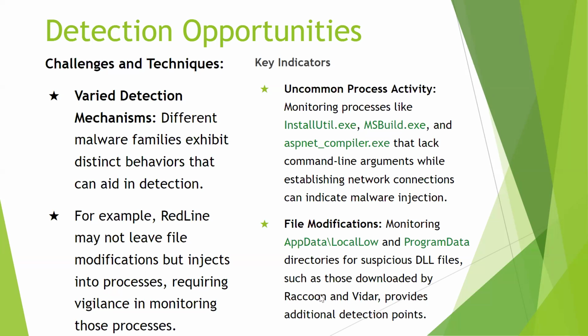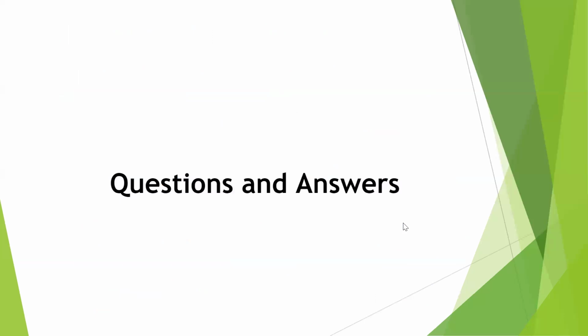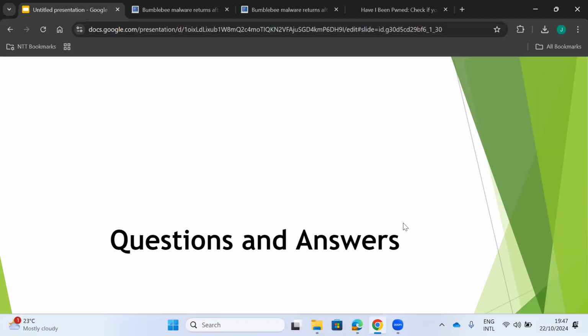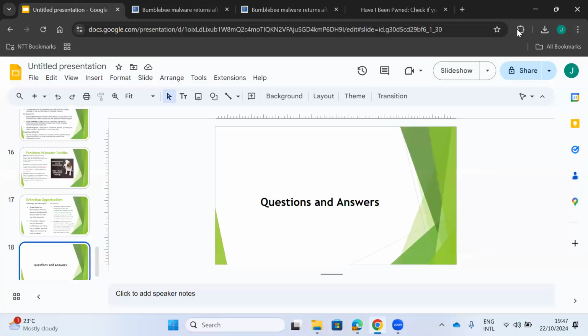Malware like Raccoon and Vidar could download suspicious DLLs into these directories, and that can provide additional detection points. So I think up to that, I have exhausted, but I just wanted to showcase this.